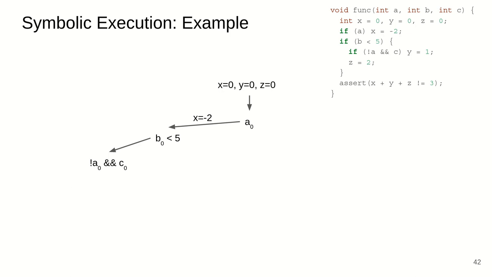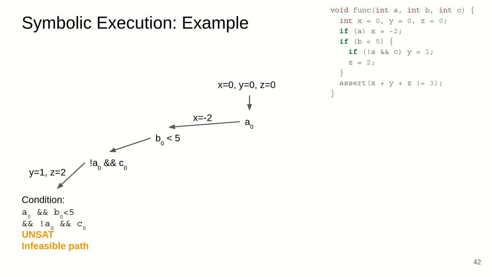If true, we will open the if statement and execute the code in there, and then check if not a and c, and then we will assign y, and always we will assign z. Right? So along this path, we will assign y equals 1 and z. So we have collected a condition of a0 and b0 smaller than 5, and not a0 and c0.